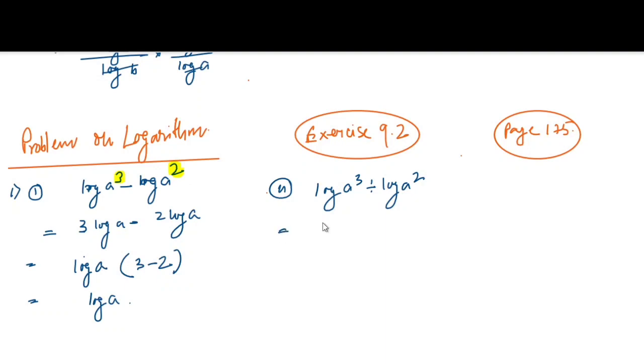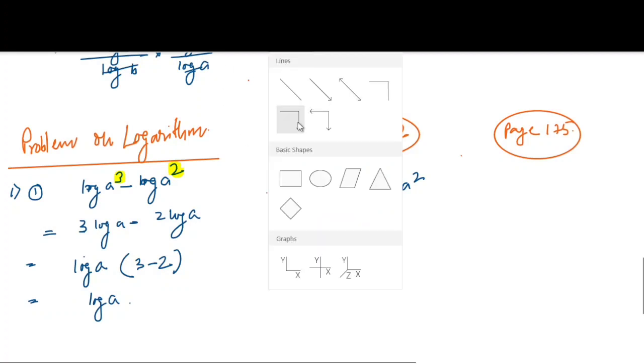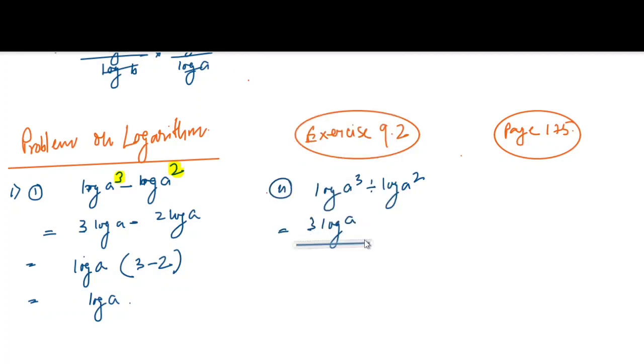Written another way, that is log a cube divided by log a square. That is 3 log a, divided by log a, which we will write in the fractional way. The 2 will be on the left side of the logarithm. So this part and this part will cancel out, and we'll have 3 by 2.